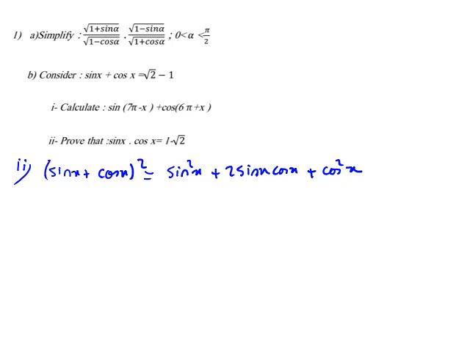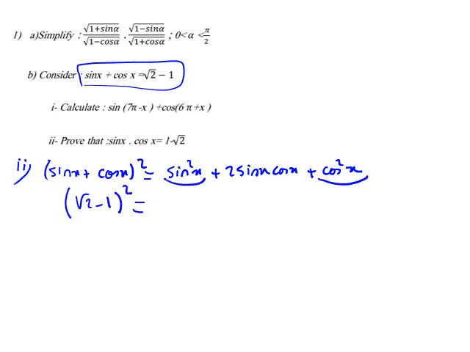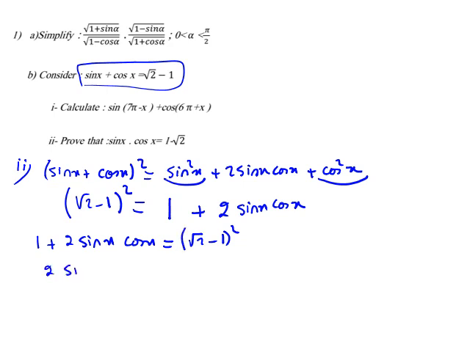Sine x plus cosine x is equal to radical 2 minus 1, and sine square plus cosine square is 1. So 1 plus 2 sine x cosine x equals radical 2 minus 1 squared. 2 sine x cosine x equals radical 2 minus 1 squared minus 1.